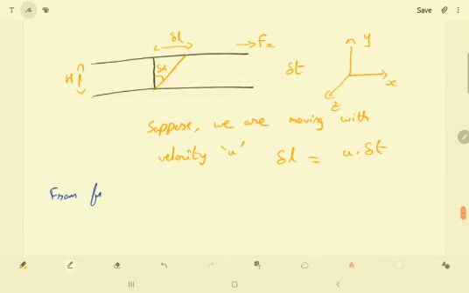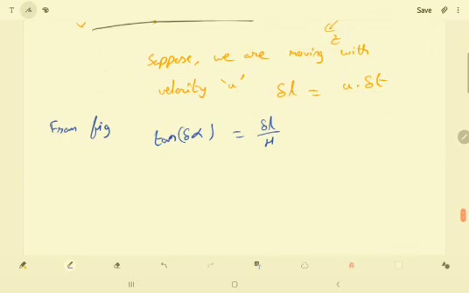From figure 6, we can say that tan of delta alpha equals delta L by h.